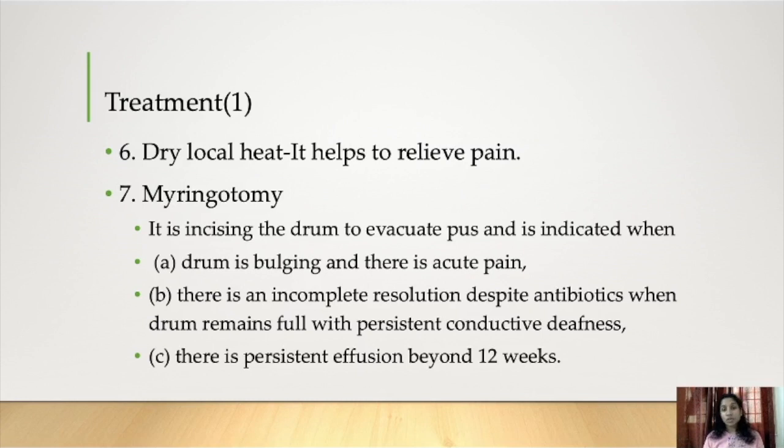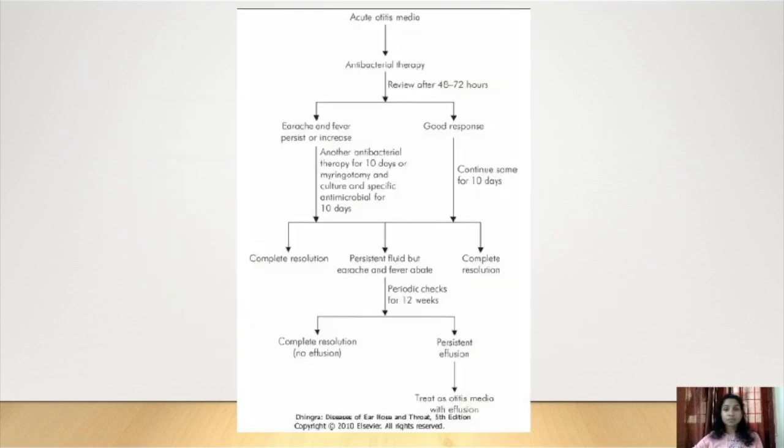So if antibiotics are not acting, then we can go for myringotomy. If there is acute pain, then we can just put an incision and remove the pus. Or if there is incomplete resolution after giving antibiotics, or the effusion is there after 12 weeks also, then we have to go for myringotomy. So these are the treatments.